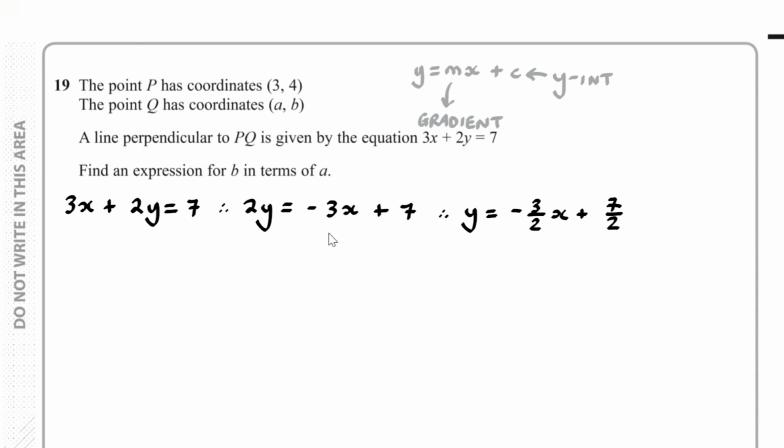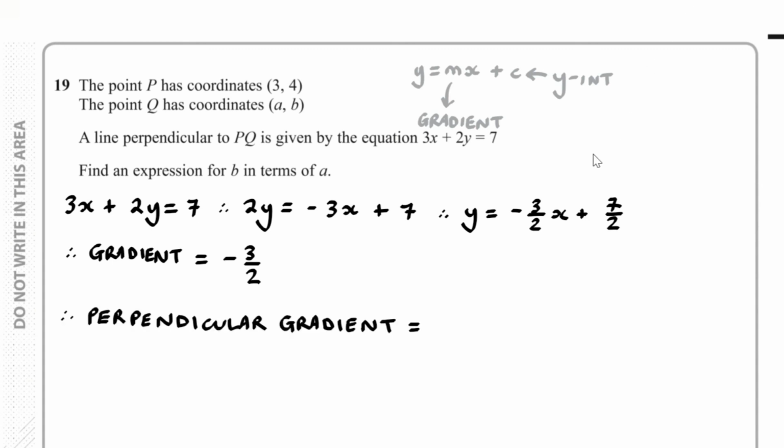So what can we conclude from this? Well, we can conclude that the gradient is equal to minus 3 over 2. And what we want is the perpendicular gradient of PQ, that's equal to the negative reciprocal of negative 3 over 2.